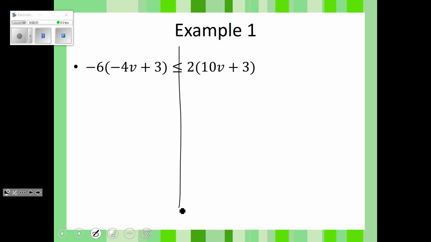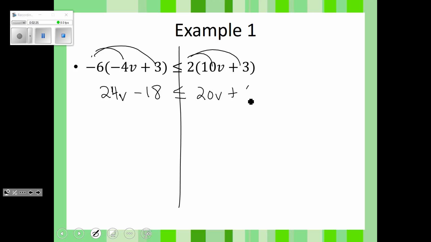So here we go. You're going to solve this just like you solved an equation, except you got to remember that one rule. So step 1, parentheses. We are going to distribute. So this makes 24v minus 18 is less than or equal to 20v plus 6.